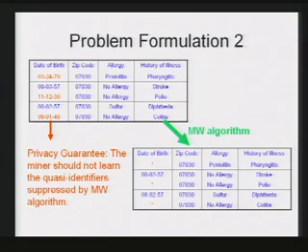Okay, and the privacy guarantee we want is that the miner should not learn the suppressed entries. So all he sees is just this k-anonymized table and nothing else. Okay? Is this clear?